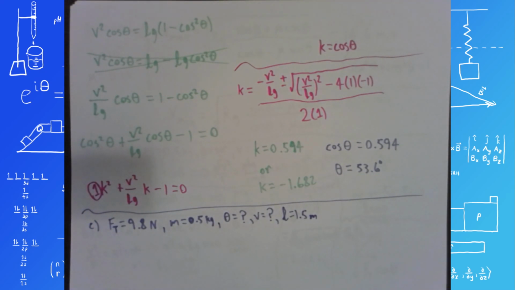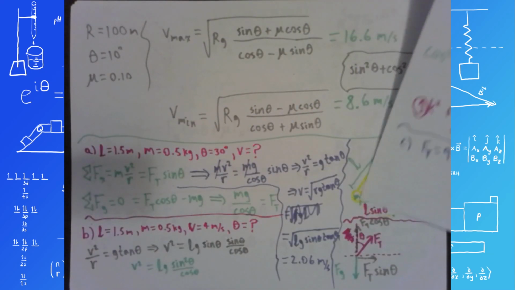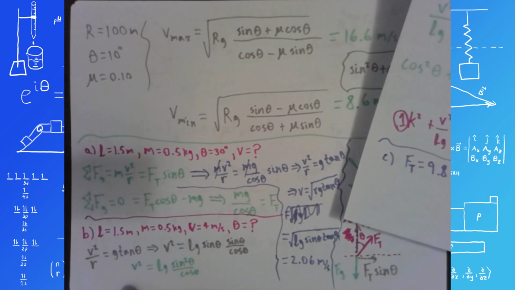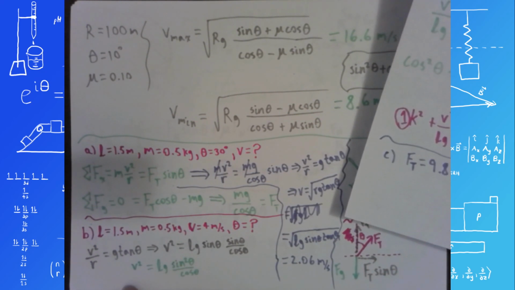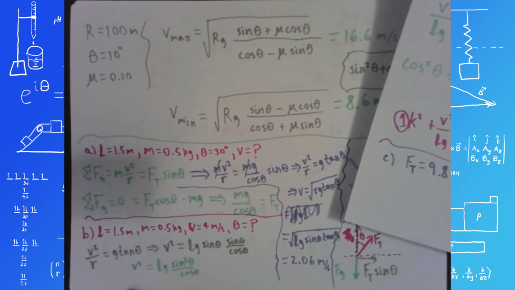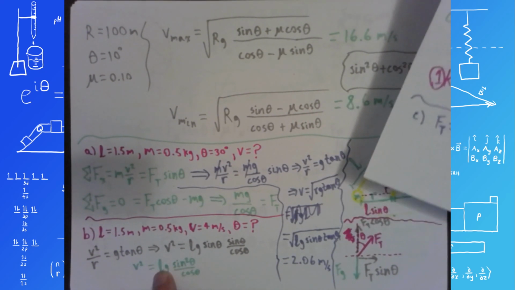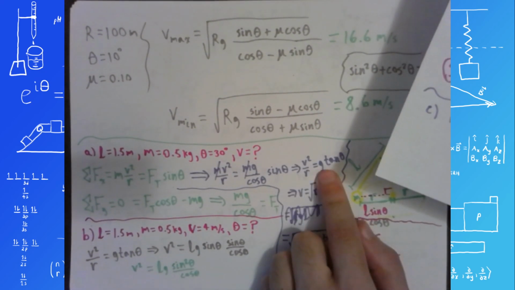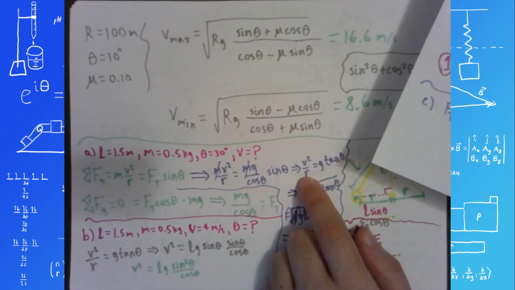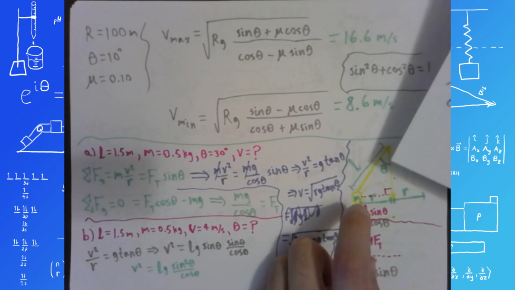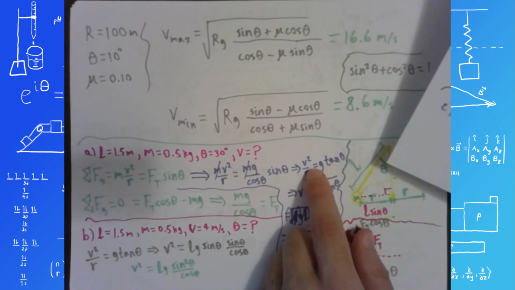Okay, let's see if we can take a shortcut and reuse some of the math we did before. Because I don't know theta, I can't use this. And I can't use this because I don't know theta and I don't know r. r would just be L sine theta, but again, I don't know r because I don't know theta.